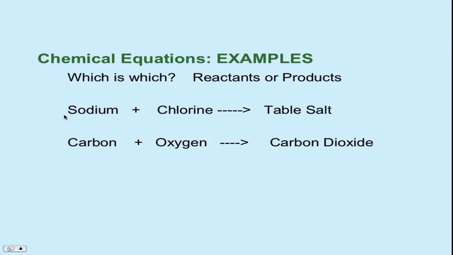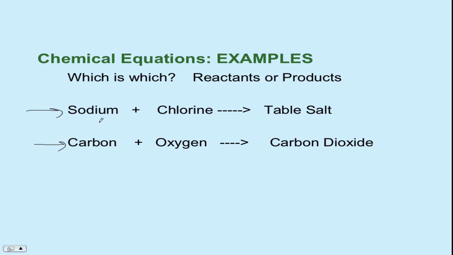So really quick, I want you guys to check, make sure you understand. Take a look at this chemical reaction right here. We have sodium and chlorine making table salt. I want you to figure out what the reactants and products are for that one, and then do the same thing for carbon and oxygen making carbon dioxide.